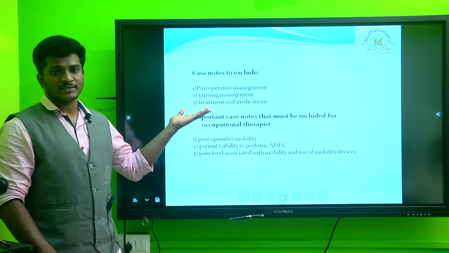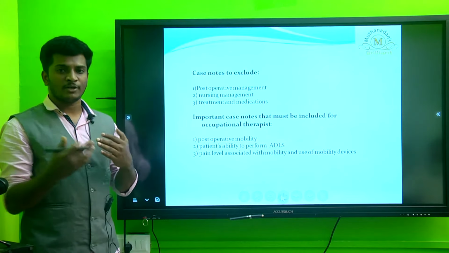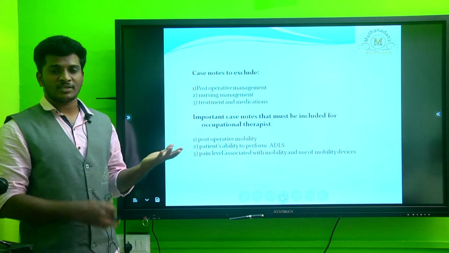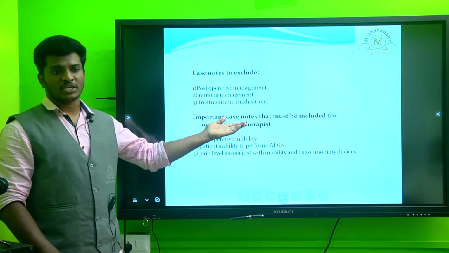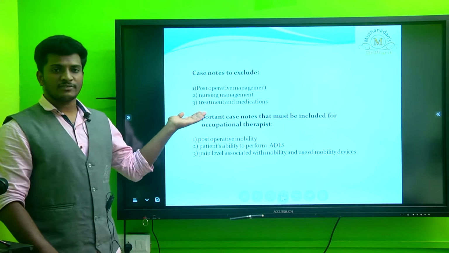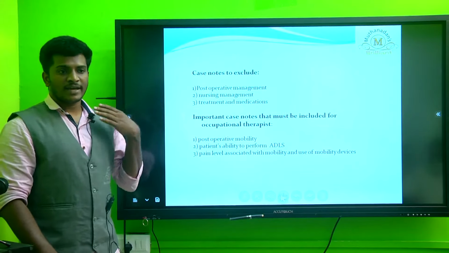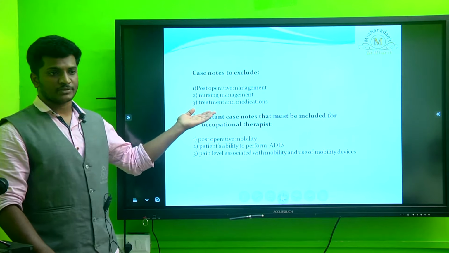Nursing management in the sense how she was taken care of, activities of daily living, bed bath or any other nursing care that is given in the hospital, you can omit. Third one is treatment and medication. Treatment, as I said earlier, same like medications, antibiotics, any IV fluids, all those you can avoid for occupational therapist.